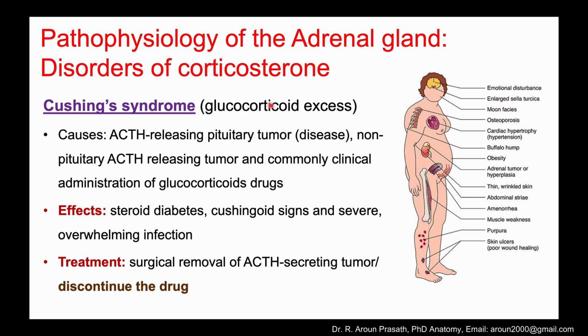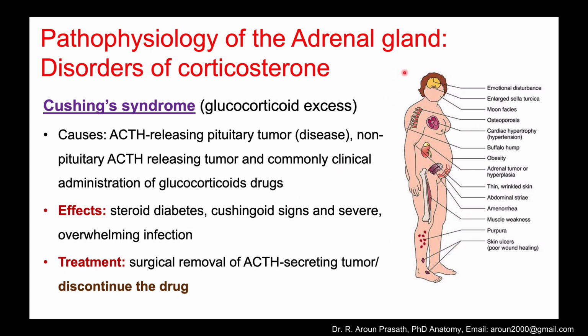When the adrenocorticotropic hormone from the pituitary gland is released too much, it stimulates the adrenal gland above the kidney and makes it secrete more glucocorticoid hormones, which leads to steroid-induced diabetes mellitus, then Cushingoid signs and severe overwhelming infections. So this is the Cushing's appearance.